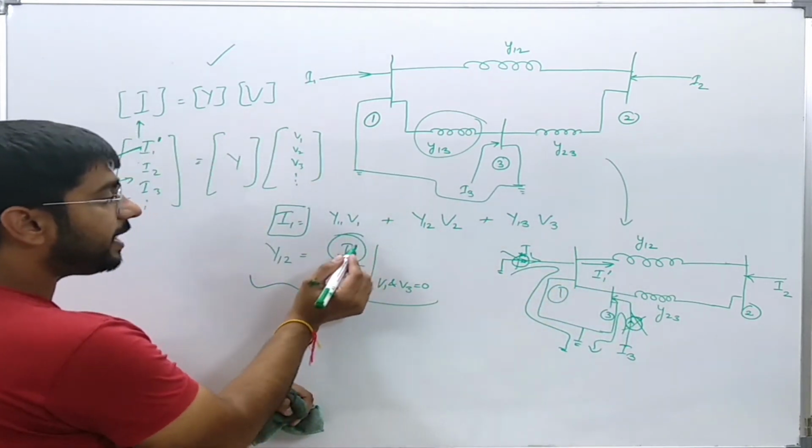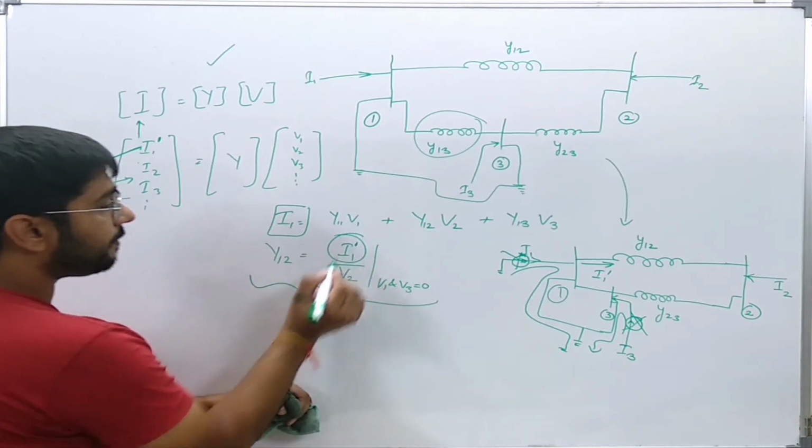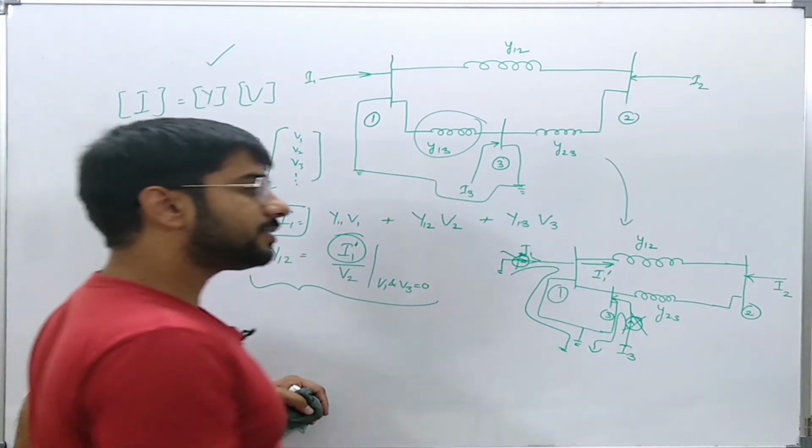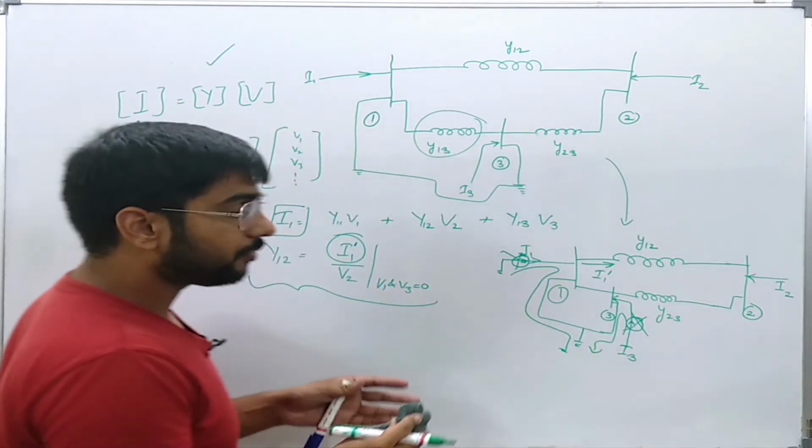Okay, so instead of writing I1 here, I will write I1 prime. Now what is it? Let us see how to find this.